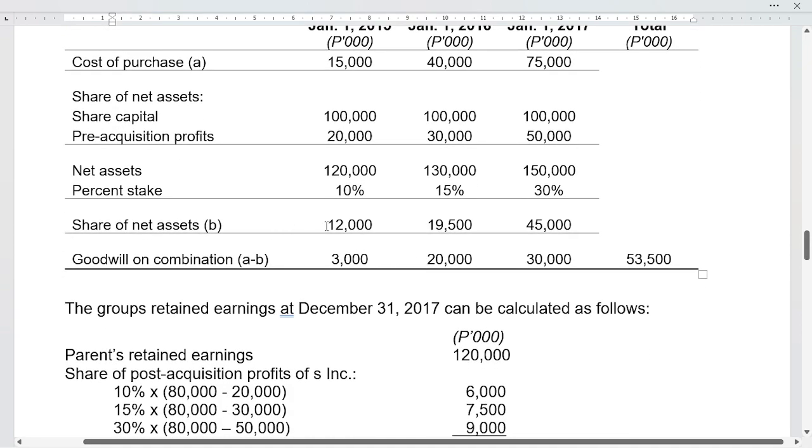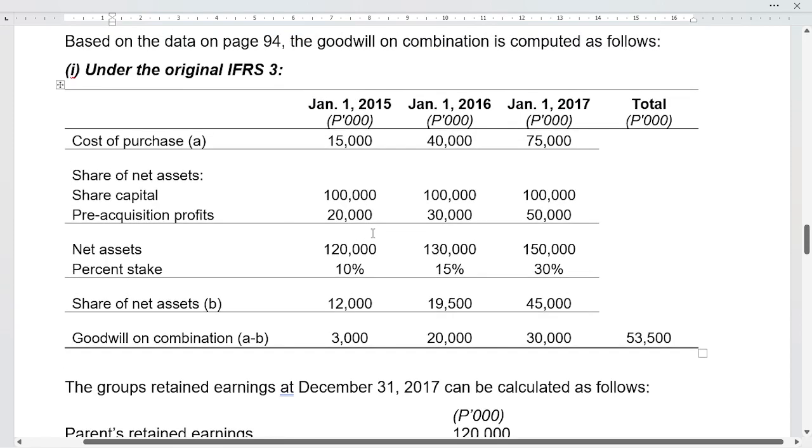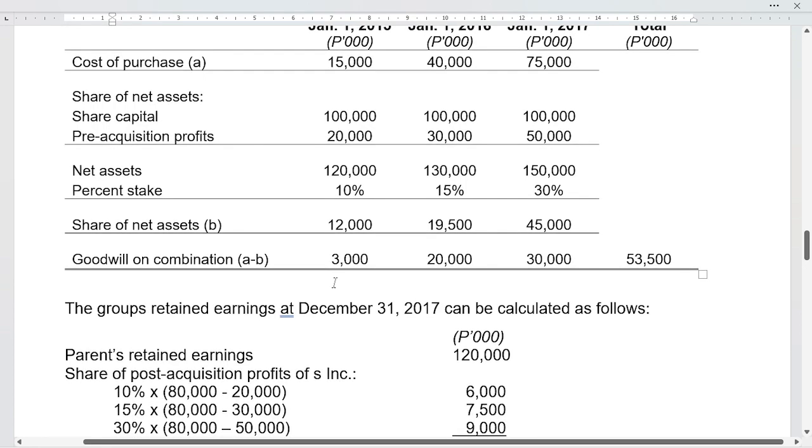Share of net assets is 12,000 for January 1, 2015, 19,500 for January 1, 2016, and 45,000 on January 1, 2017. This is the net assets multiplied by the percent stake. 120,000 times 10% equals 12,000. 130,000 times 15%, 150,000 times 30%.